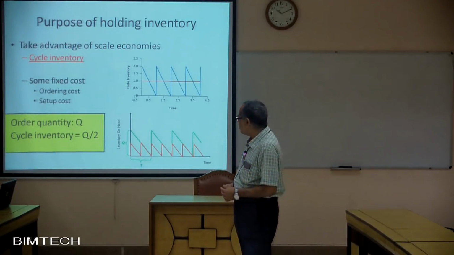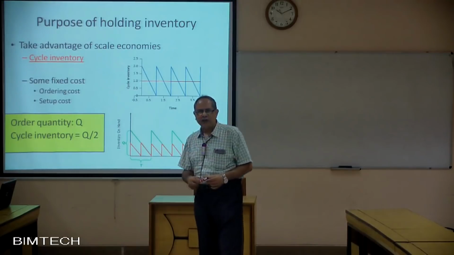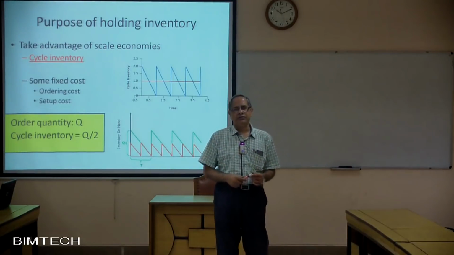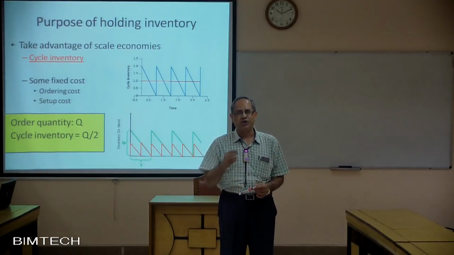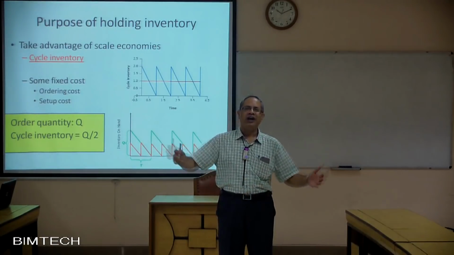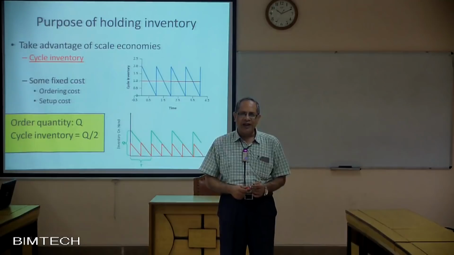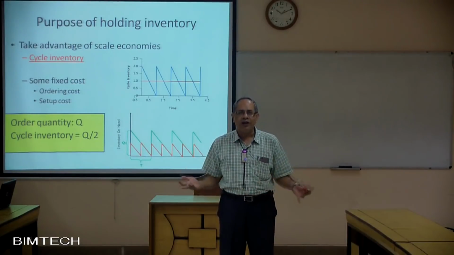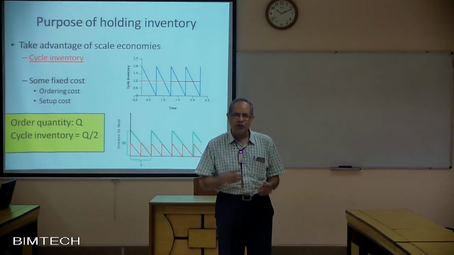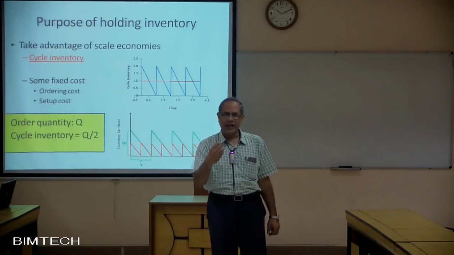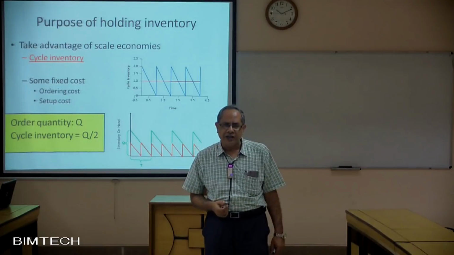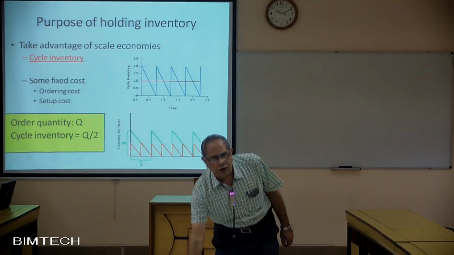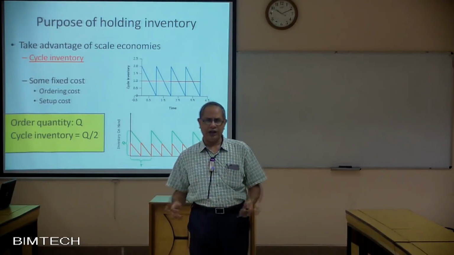Just to give you an example, when we are ordering an item from a supplier, we don't order one piece or two pieces. We order in some quantity. And why don't we order one or two pieces? Because if we order one or two pieces and keep getting one or two pieces whenever we need the item, then our inventory levels are very low, and that's beneficial for us.